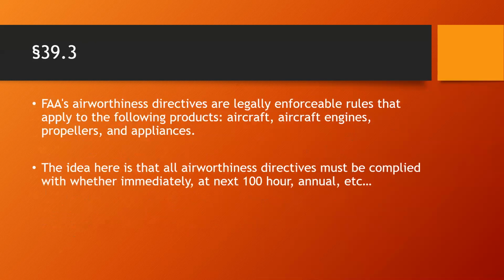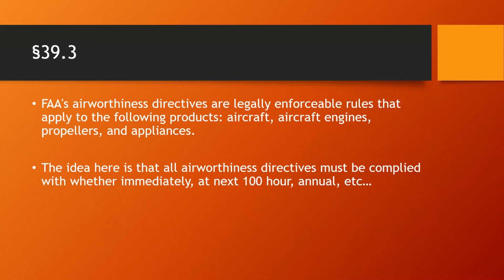All right, Section 39.3. This section basically talks about the FAA's airworthiness directives. An airworthiness directive is sometimes abbreviated as an AD. Basically these are mandatory rules, like a recall on a car, except this is legally enforceable.